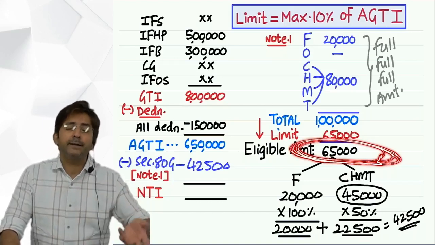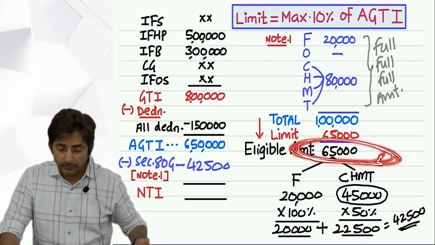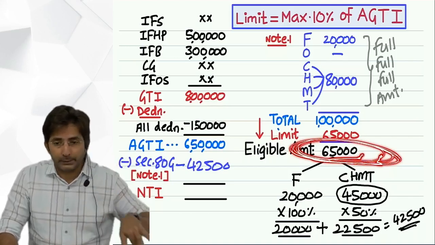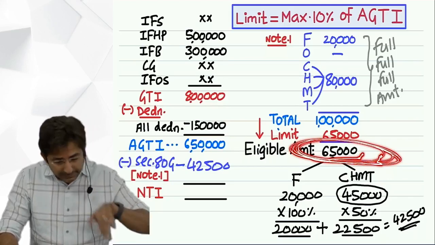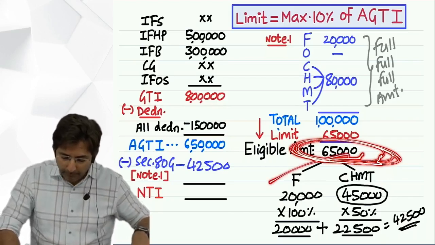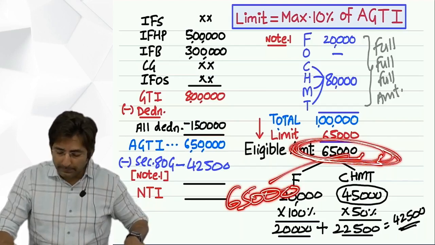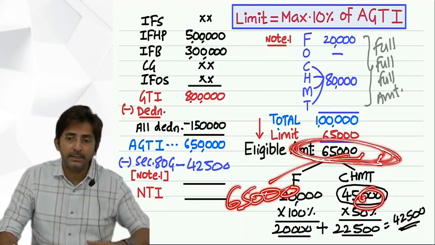Or you will find the family planning amount is too much, that it is even crossing this 65. Then restrict to 65. I cannot go beyond 65. So the full 65 will come in the area of family planning, and for Chamat it will be 0. Obviously your answer will change then.